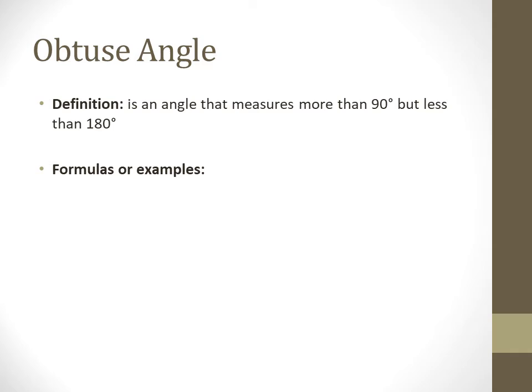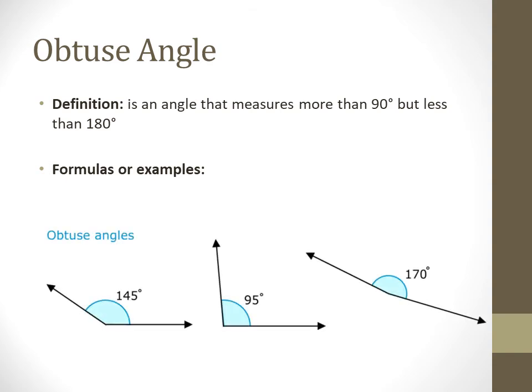Next, we have an obtuse angle. An obtuse angle is an angle that measures more than 90 degrees but less than 180 degrees. Okay, so this is critical.